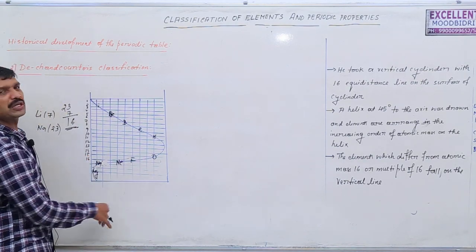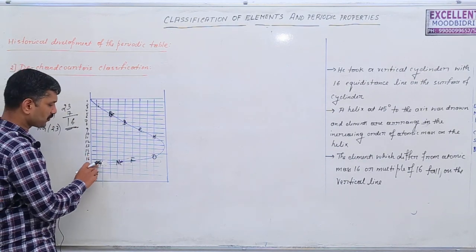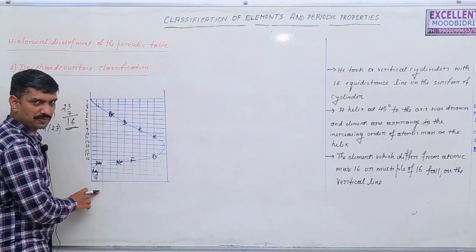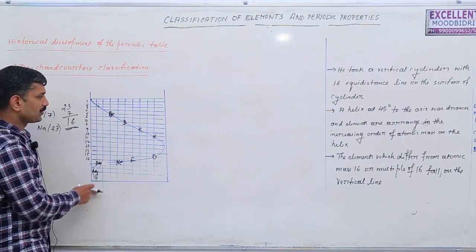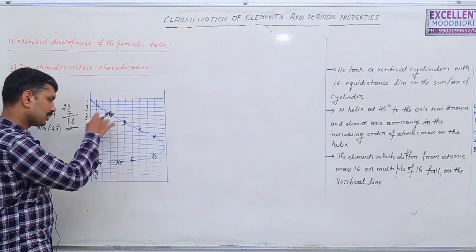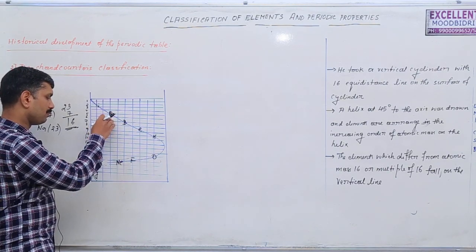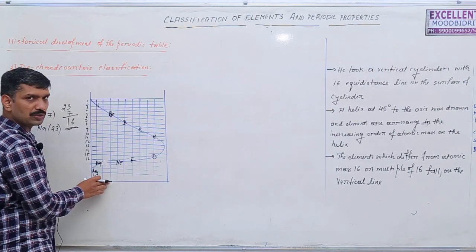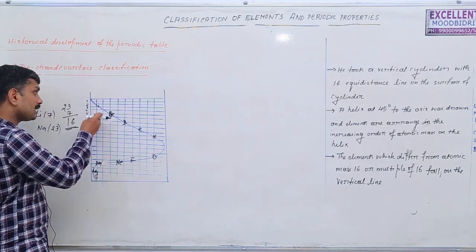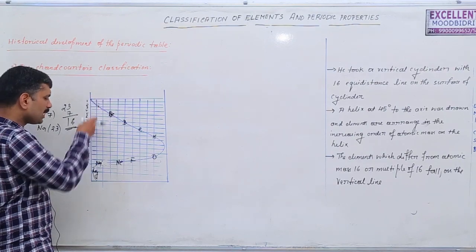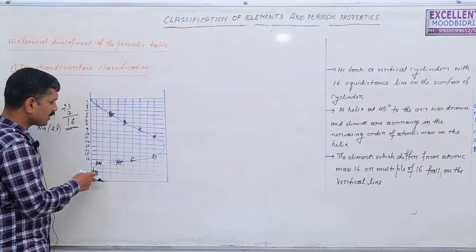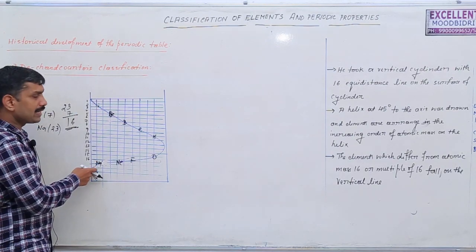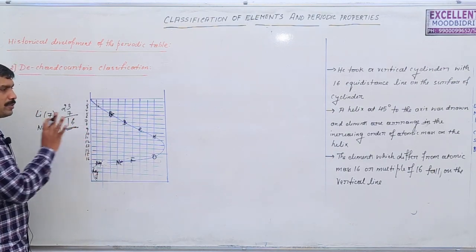This trend will be continued. Next, sodium and potassium come in the same line. Here beryllium and magnesium also come in the same line, the same trend. Totally, those elements which exhibit similar properties come in the same vertical line. Lithium and sodium are an example.